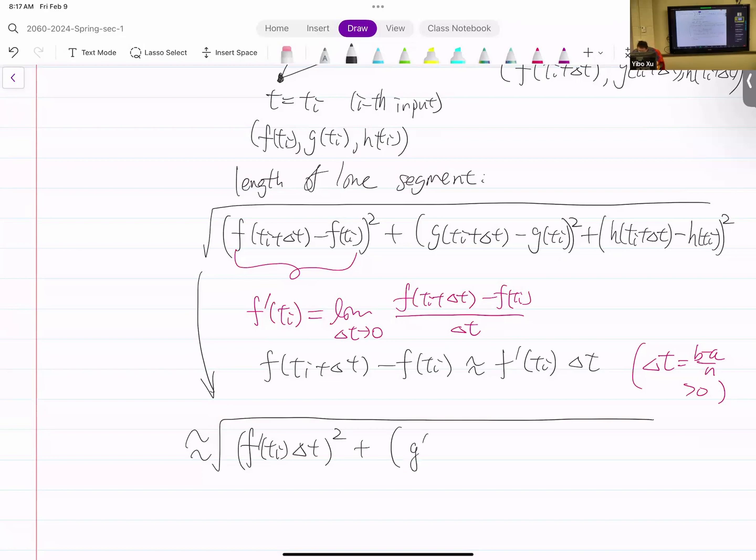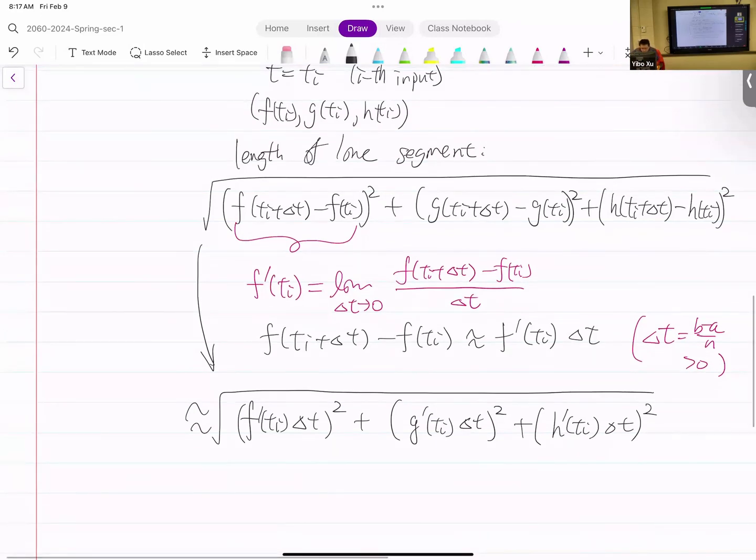So we approximate by g prime of t_i times delta t again, because the change in input is always the same, right? And then for h, the difference in h, we do the derivative times the change in input again. And now this is nice. So f prime squared, g prime squared, h prime squared, that's matching up with the equation that we want.